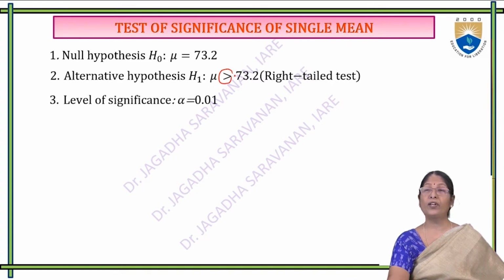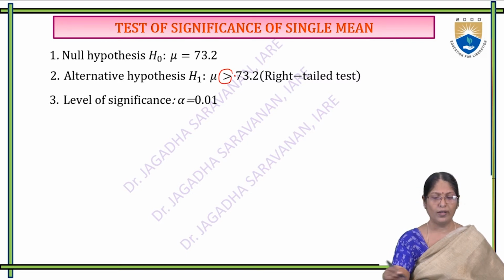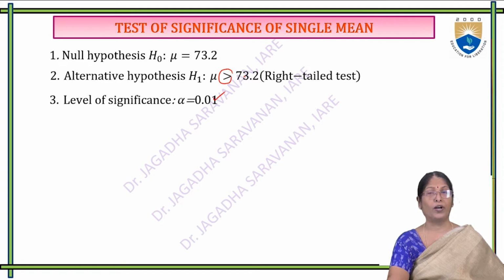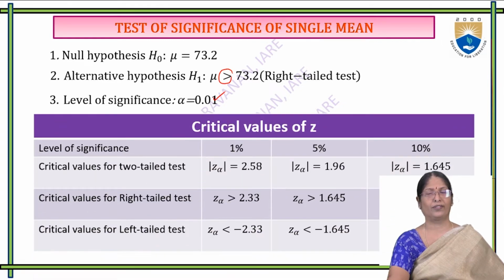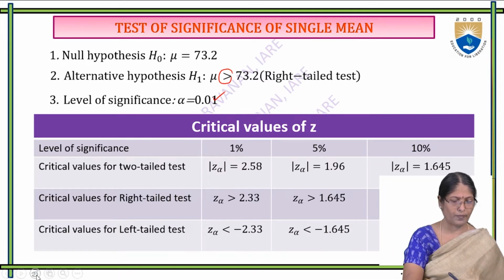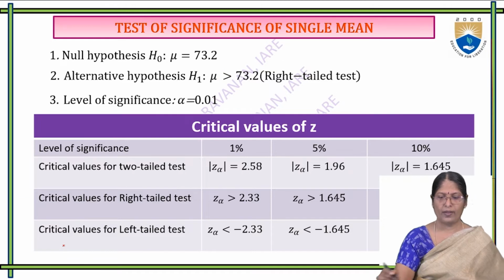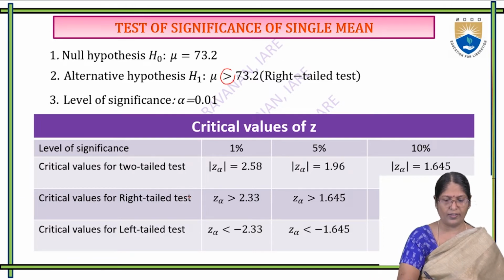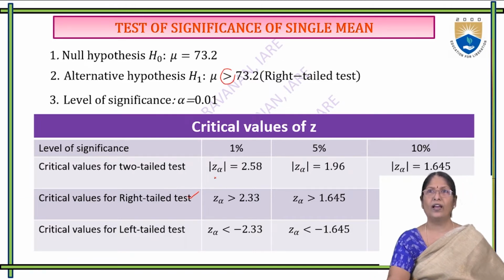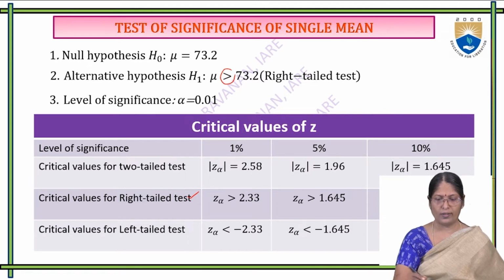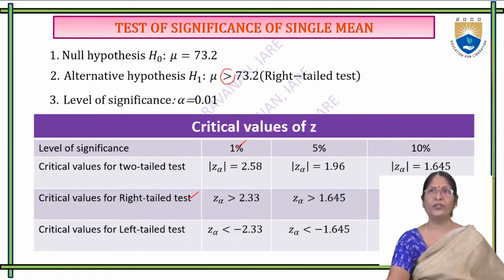Now, the level of significance, alpha equal to 0.01. This data is also given in our question. It is a right-tailed test, and 0.01 means 1%.